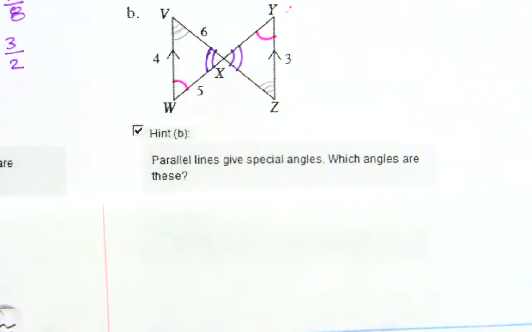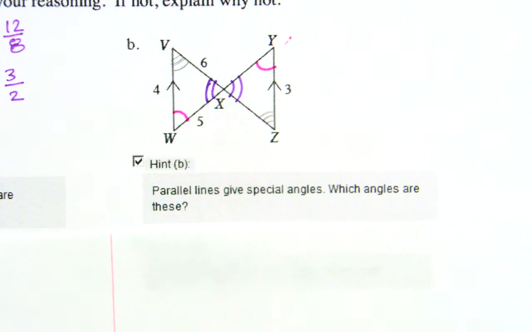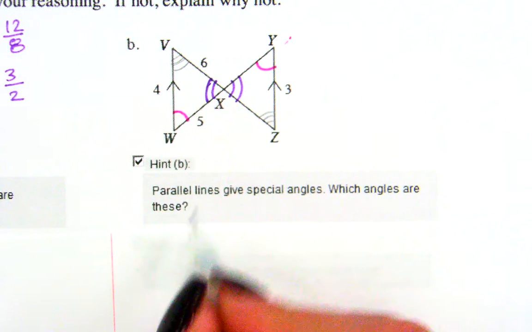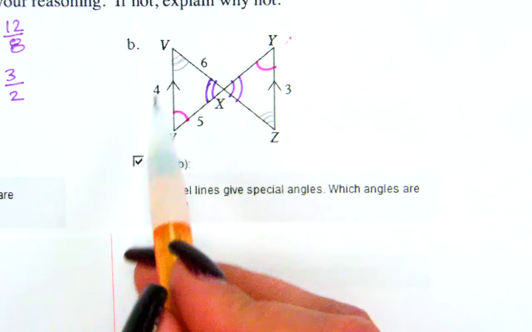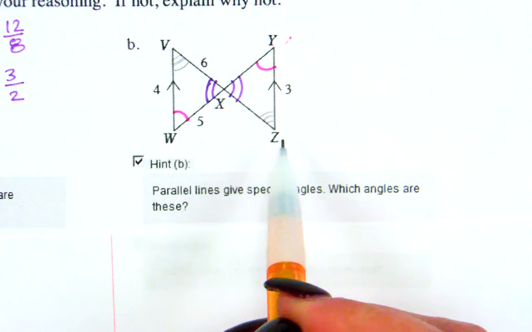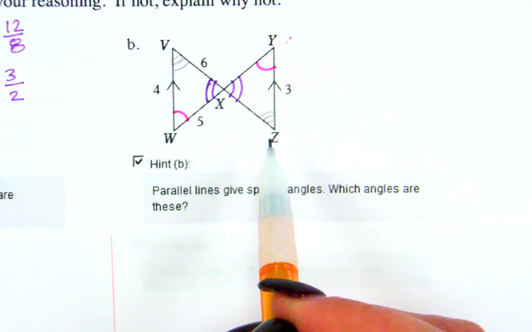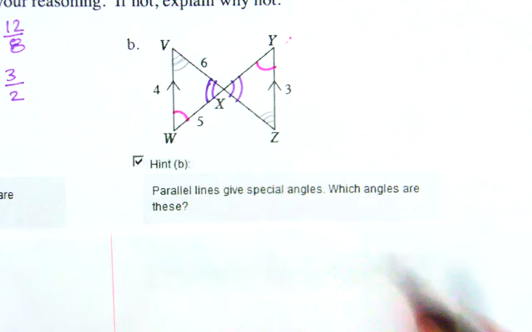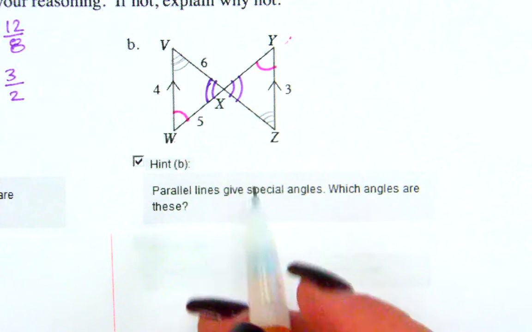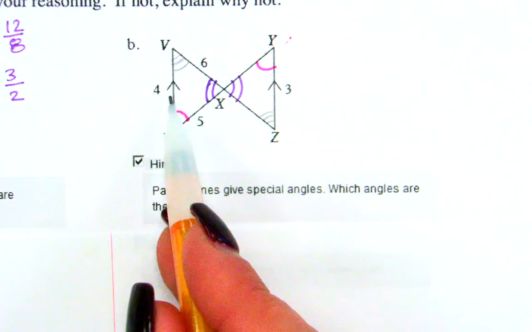So we're going to write these up. Okay, so first bubble, we're going to put the first thing. Do we have anything that's labeled that we just used? There are sides labeled, but we didn't really use the sides, so there's no reason to talk about WV or WX or YZ or anything like that. So we can jump right to the fact that these two are parallel.